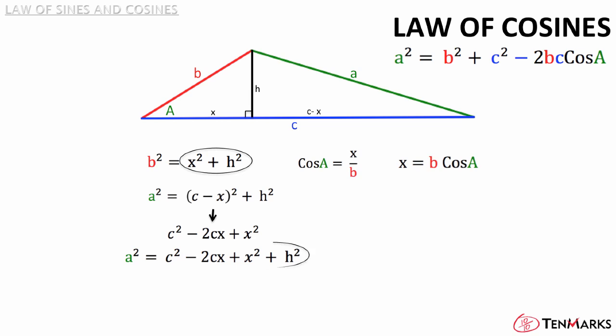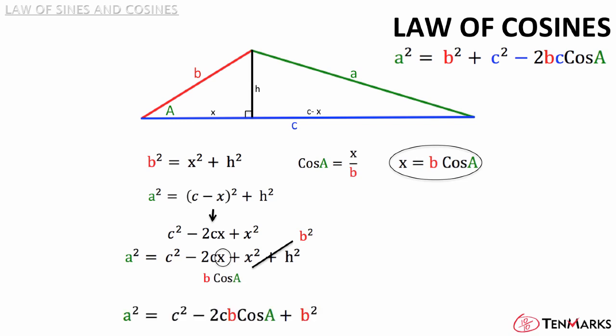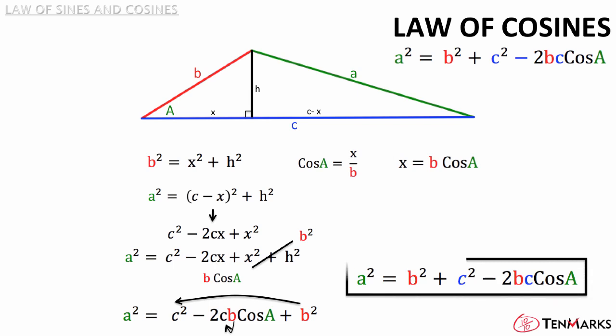You also have x squared plus h squared in this last step, so substitute that with b squared. Also, since x is equal to b cosine of A, you can substitute b cosine of A in for x. Rewrite what you have, and use the commutative property to move b squared to the front of the equation and switch c times b. You are then left with the law of cosines. This proof showed the proof for one of the equations. The other two can be done in the same way.